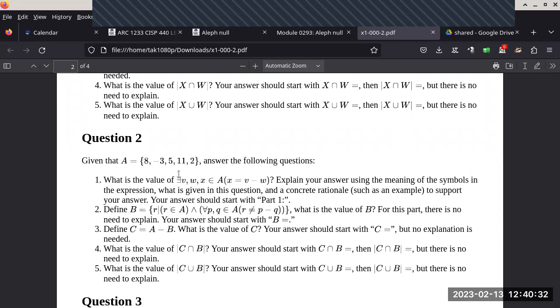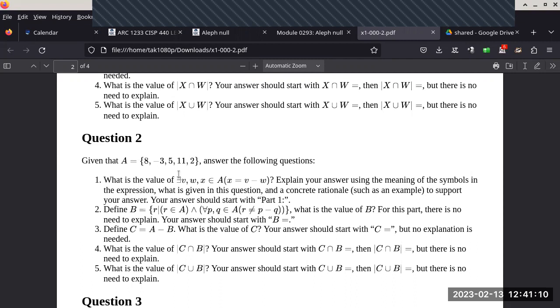We just showed that 8 cannot be in B. Negative 3 cannot be in B because 5 minus 8 is negative 3. 5 cannot be in B because 2 minus negative 3 is 5. 11 cannot be in B because 11 is 8 minus negative 3. And finally, we look at 2, and 2 can be in B. So B would only have 2 as a single value.